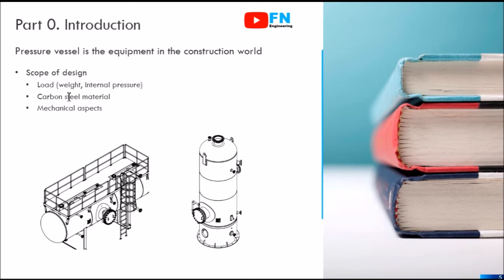In this video, we will only use carbon steel because carbon steel is commonly used in the company. Other materials, I hope, will be explained in the advanced pressure vessel design. And the last is performance or guarantee. In this video, we will be limited only to the mechanical aspect because the mechanical guarantee is the mandatory requirement from user to fabricator.